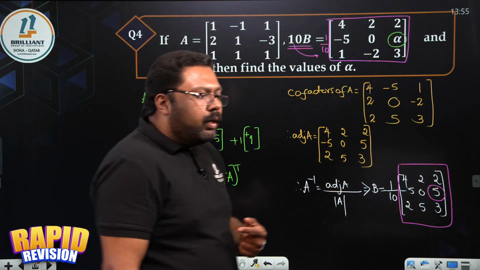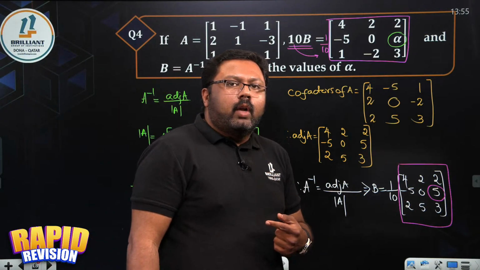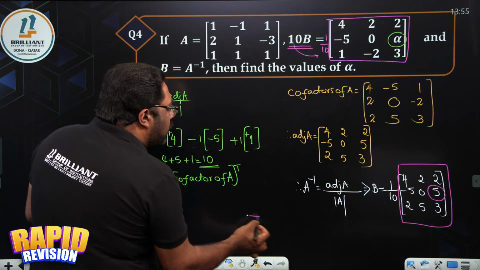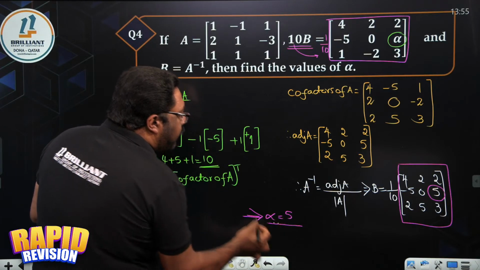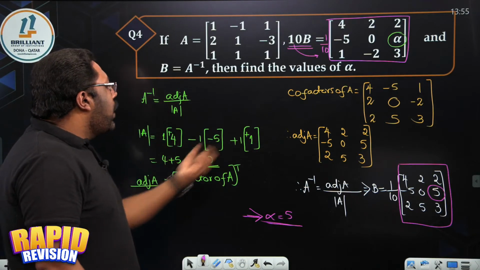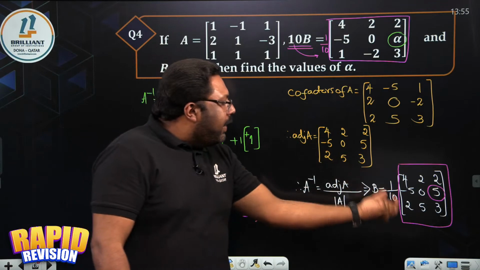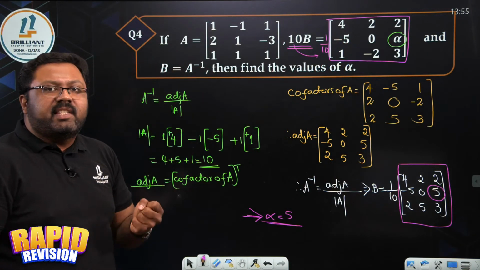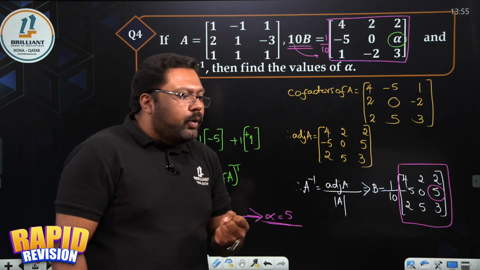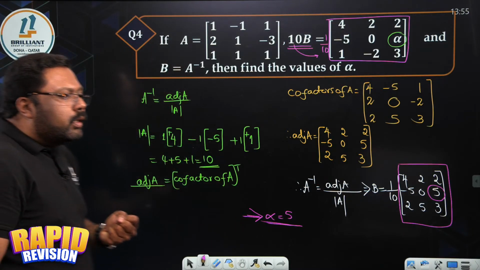What's the value of alpha? That implies alpha is equal to 5. I just found the inverse and compared it with the given matrix because they said that A inverse is B. Clear? All of you? Okay, fine.